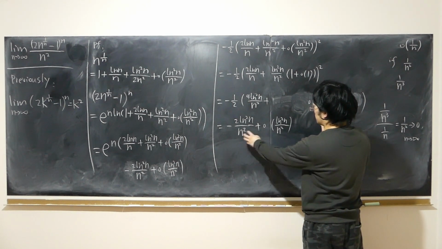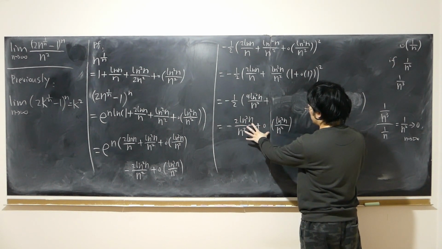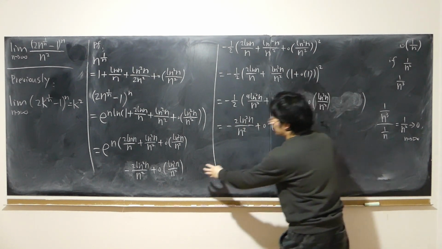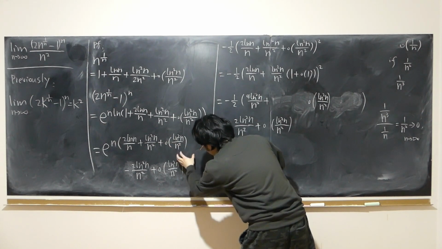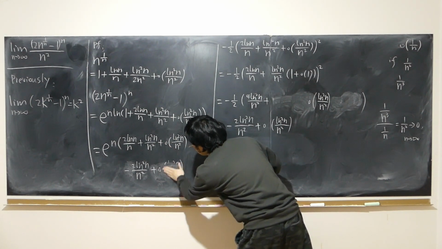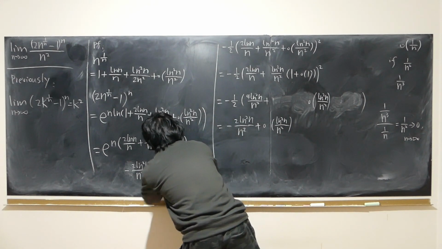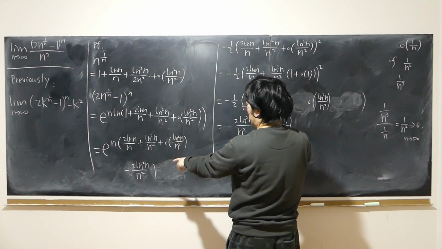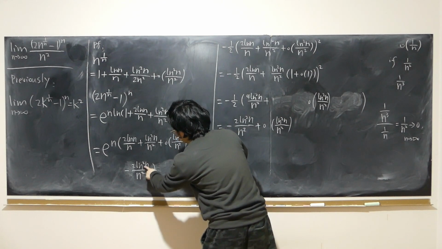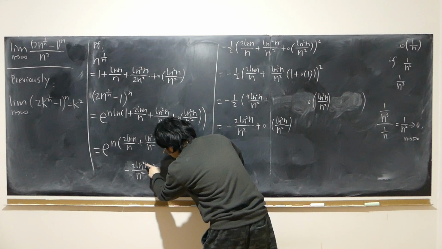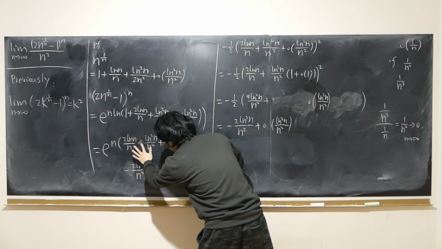First of all, approaching 0, faster than this guy. Then faster than this, of course, faster than, so this little o, still combine them together, still, right? So we have this, so minus twice of that, and this can combine with that, right? It becomes just minus.